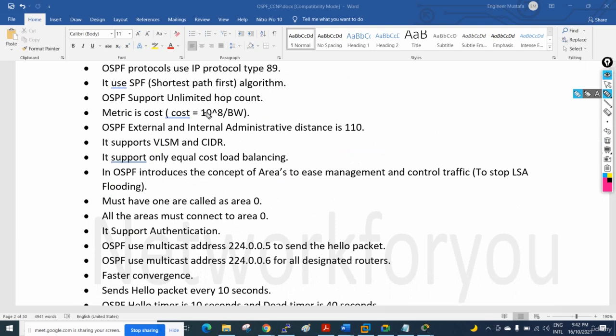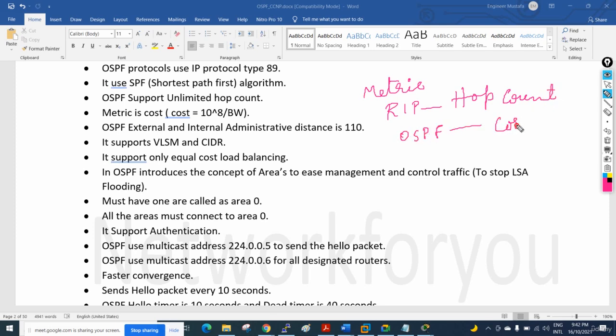As we discussed, RIP has the metric of hop count. But for OSPF, the metric is cost. Later we will calculate it.